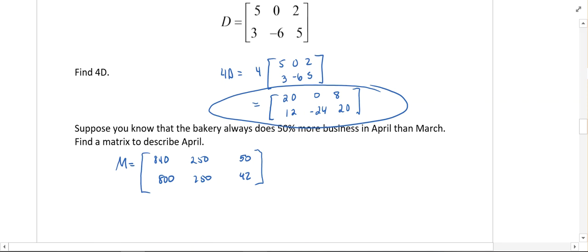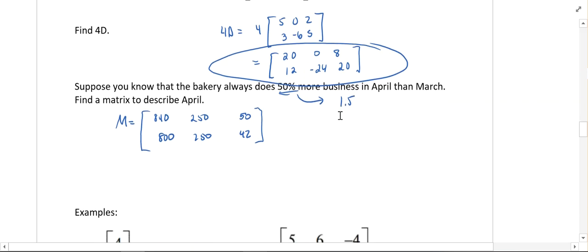If they're doing 50% more business, that means I'm going to multiply by 1.5. Okay, 1 to keep it the same, and then the 50% increase is the 0.5. So April is going to equal 1.5 of March, which is, now I'm going to multiply each entry by 1.5.